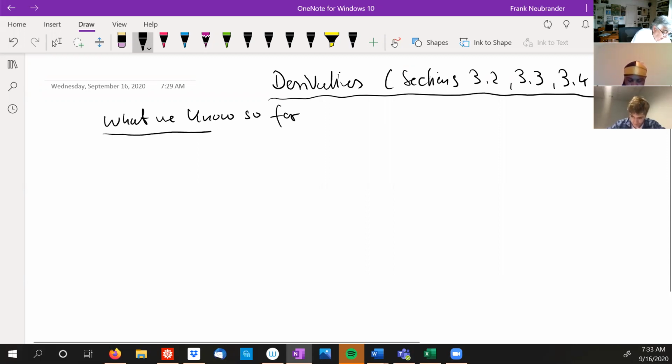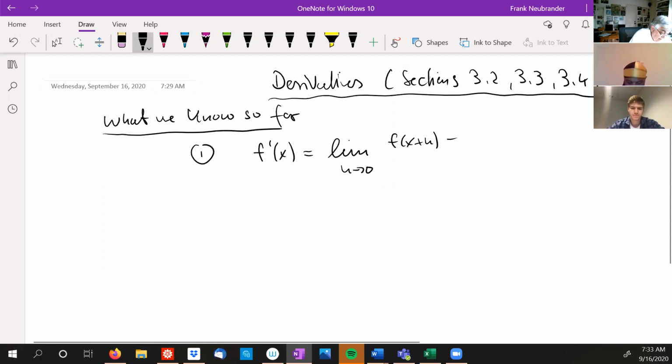So let's first recall what we know so far. The first thing is everyone should know what the derivative of a function is. Everyone in the class is expected to be able to explain to a 9th grader who knows what the slope of a line is, how one computes the slope of a curve.